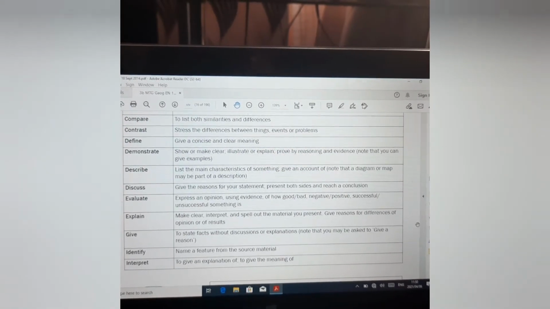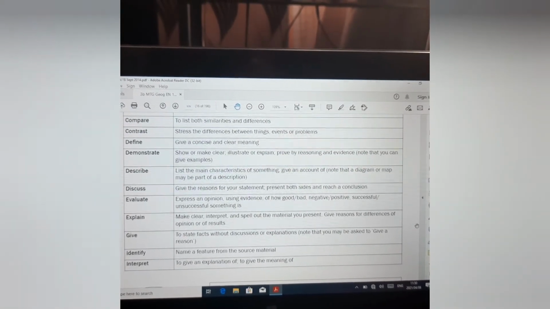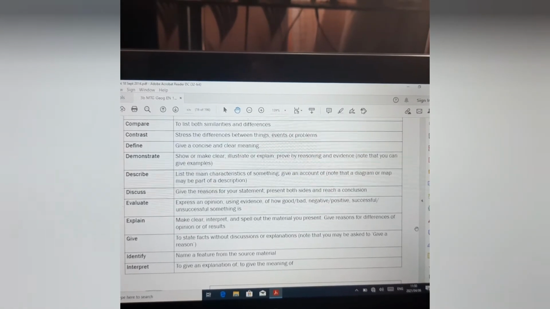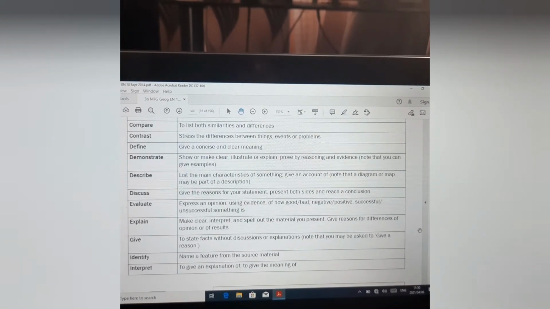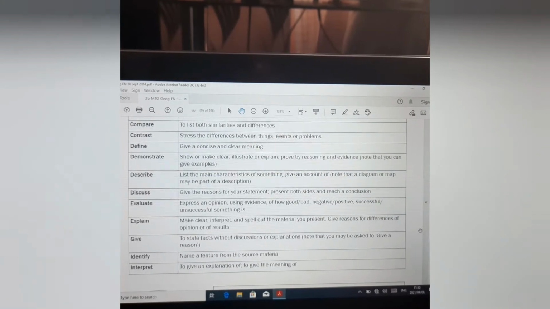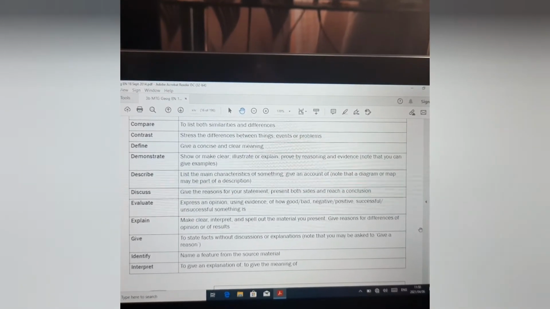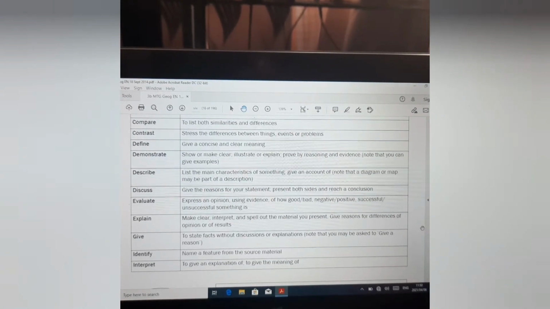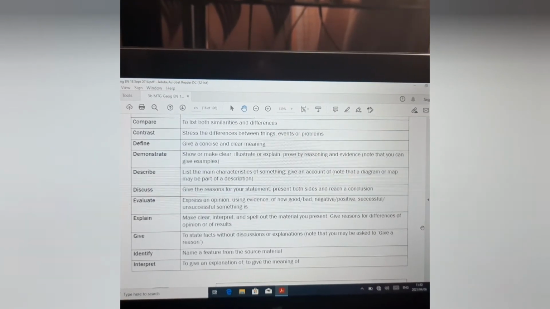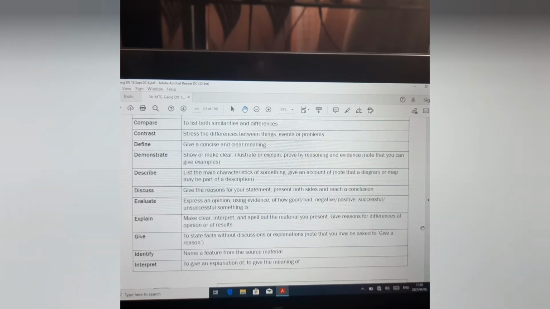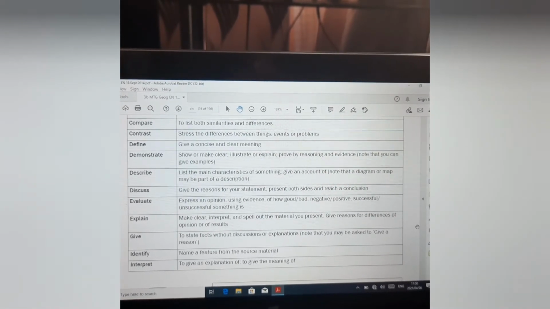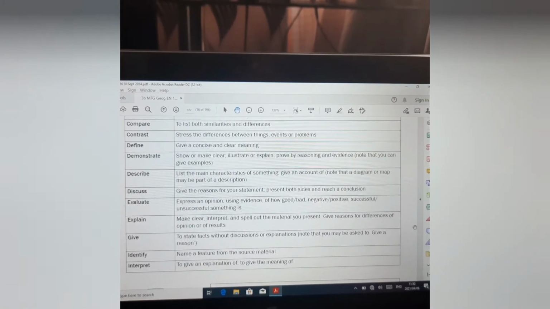When they say discuss, you give the reasons for your statement. Present both sides and reach a conclusion. So in this one, you're able to discuss something that you fully understand. So you need to go to your chapters and understand the unit properly, so you'll be able to explain without looking at it.